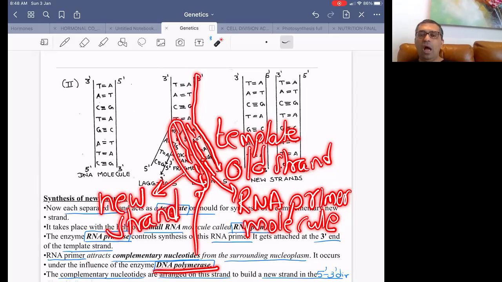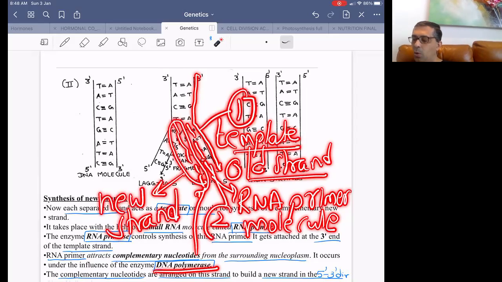So once again, how many structures are involved here? This is the template or old strand. बीच में क्या है? RNA primer molecule.